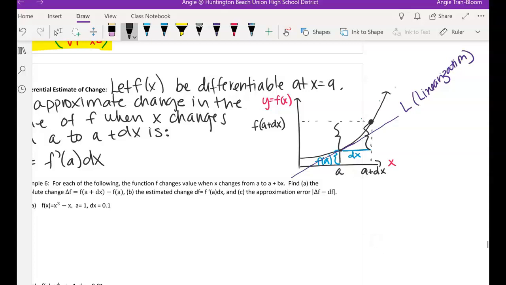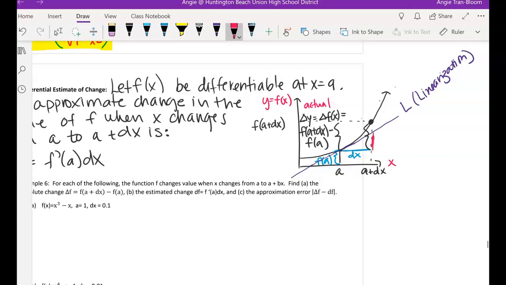Which is the same thing as saying the change in f, since it's f of x, the change in f of x. Well, the change in y is y2 minus y1. Well, y2 is f of a plus dx minus f of a. This right here is the actual change of y, okay? Well, what is the approximation then? That's what this whole definition is about. Well, then what is really the approximate change value of y? Well, then it's really this piece right here, which I'm going to use red, okay?